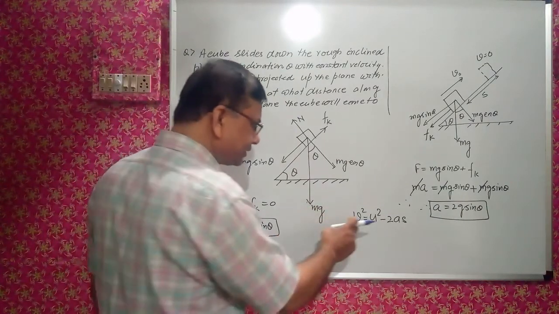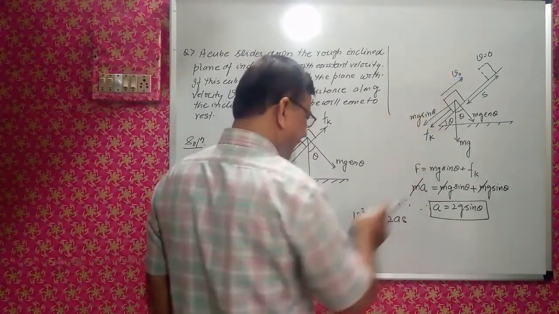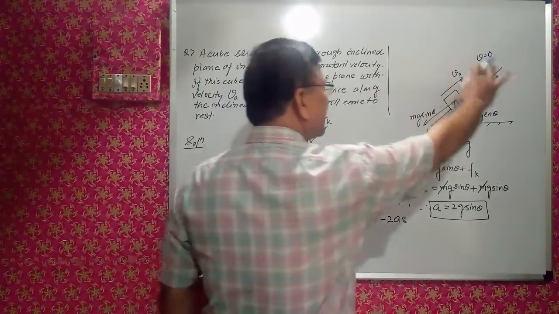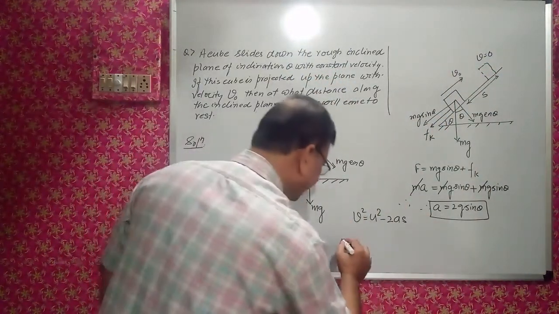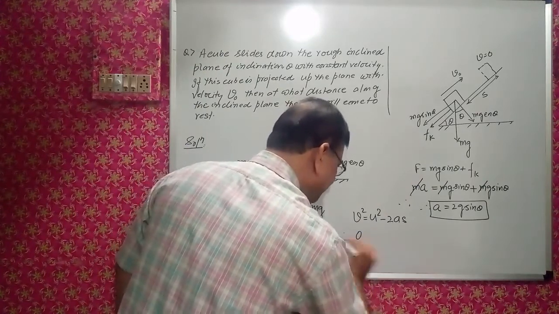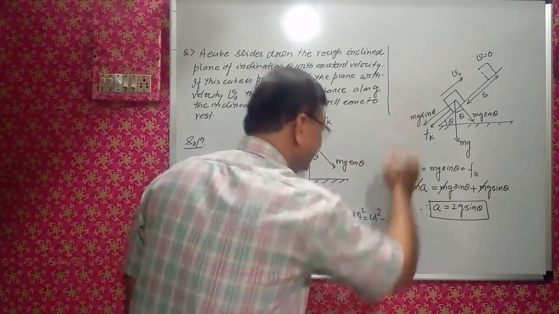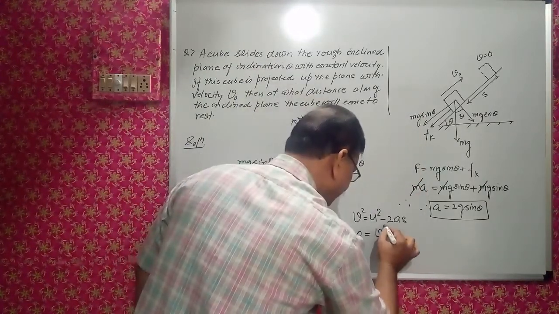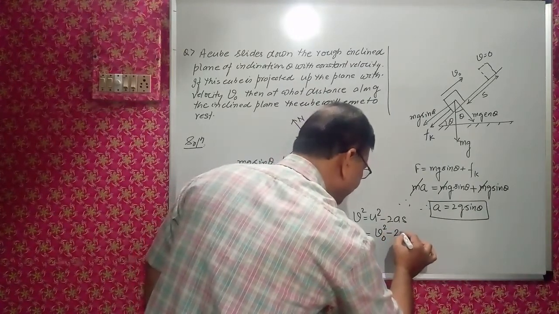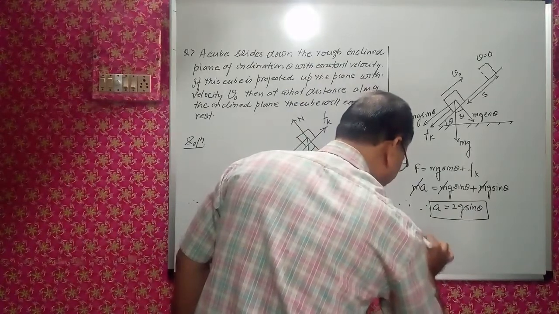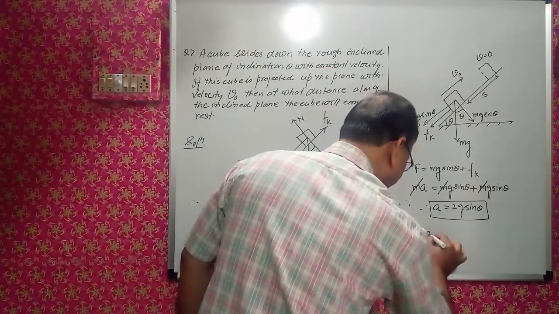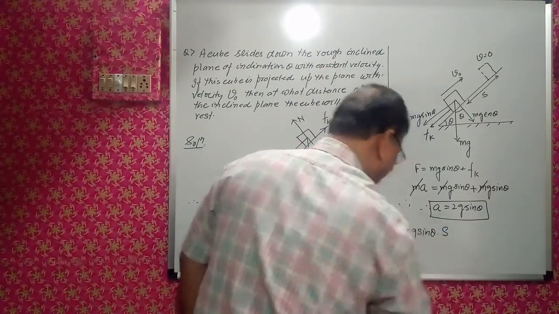So the initial velocity was v naught, and finally it stops. How much displacement is there? That is s, so we can use it. Therefore the final velocity is 0, the initial velocity is v naught, so we can write v naught squared minus 2 into this retardation, 2g sin theta, and the displacement is s.